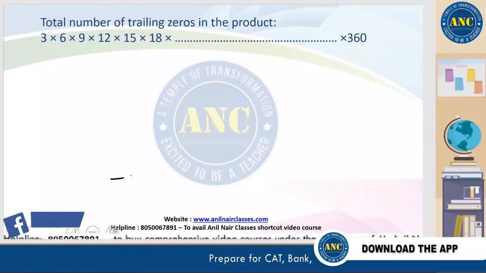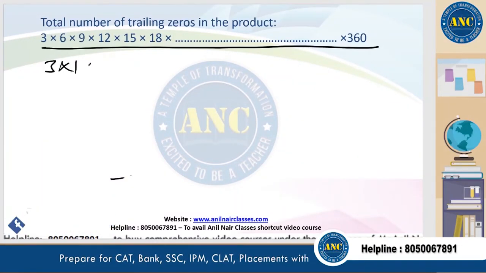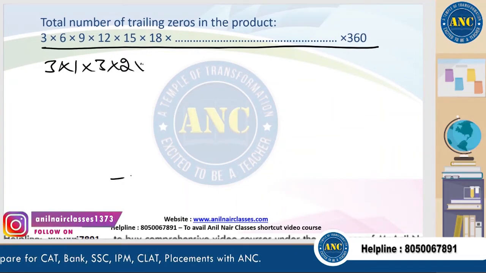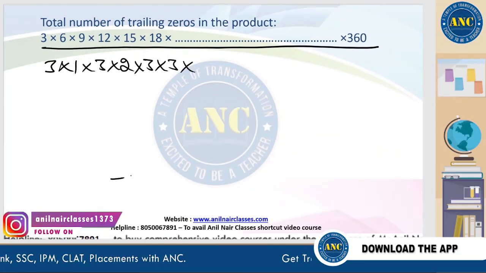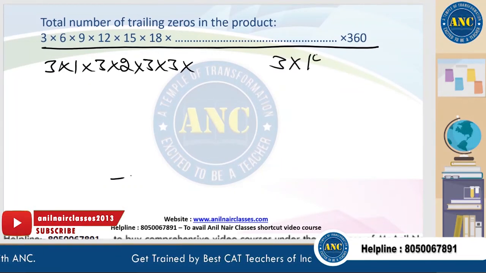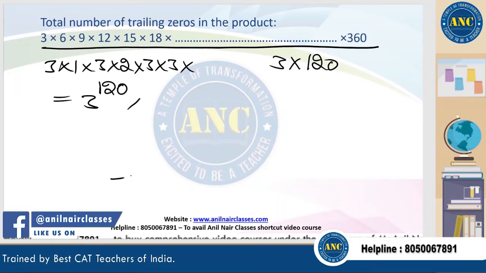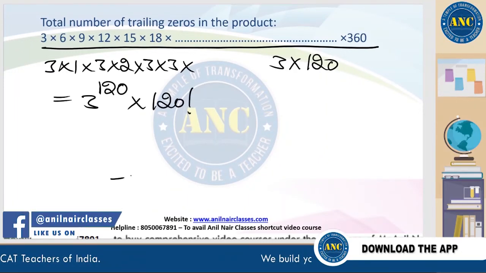Next one. I think this also you can solve. Number of trailing zeros in 3 1s are, 3 2s are, 3 3s are, 3 4s are, up to 3 120s are. So it is nothing but 3 power 120 into 120 factorial.